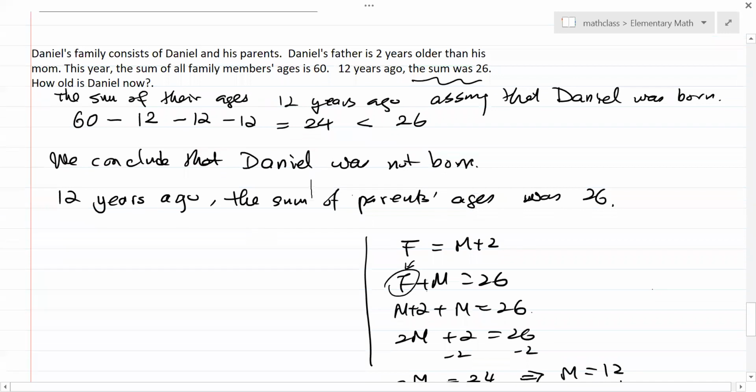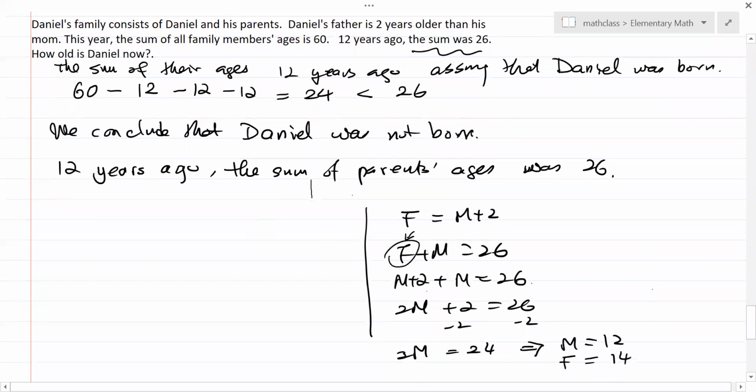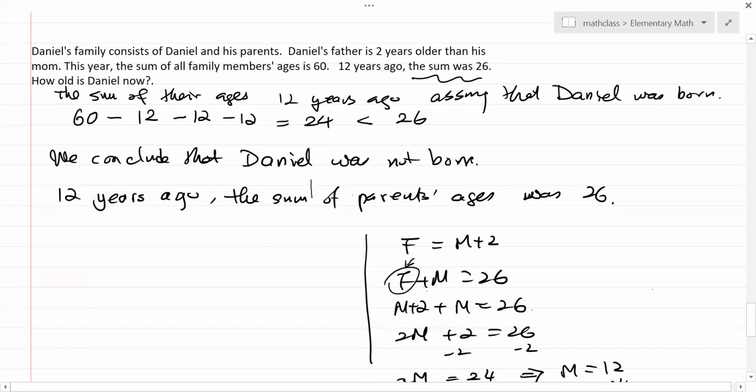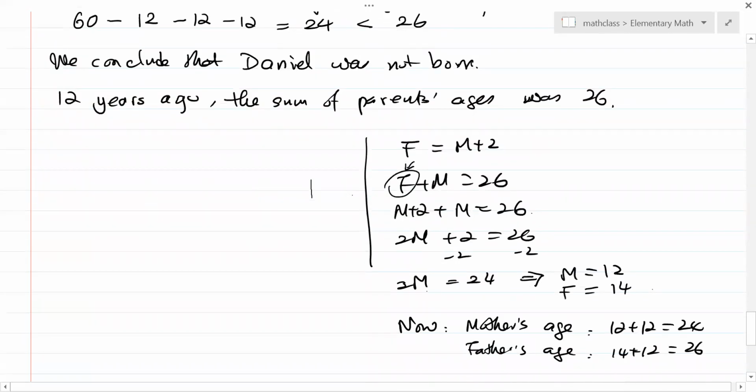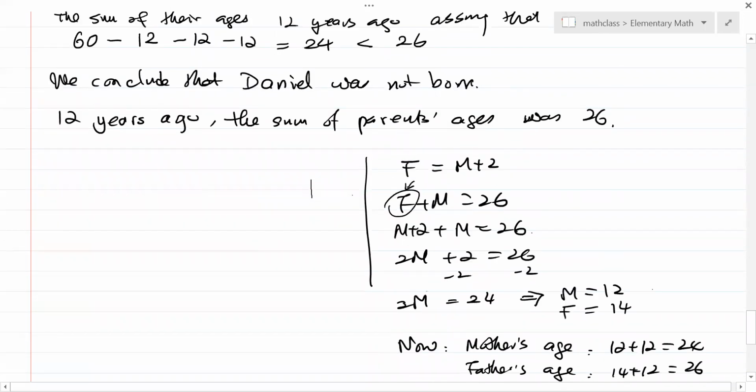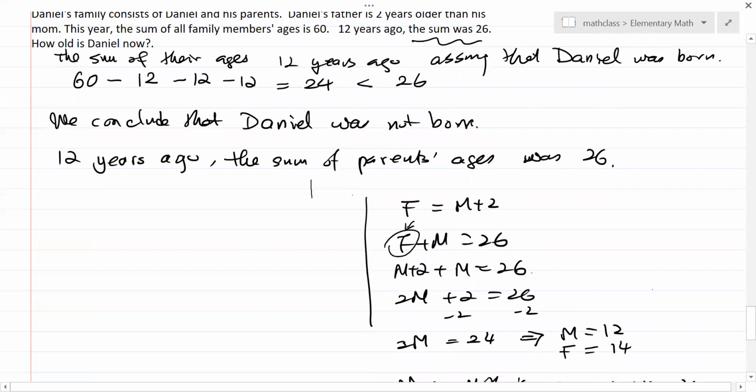So how old is Daniel? Well, how do you figure out the age of Daniel? Well, we know that the sum of the ages is going to be 60, right? He was just born. Let me check. 12 years ago, 26.